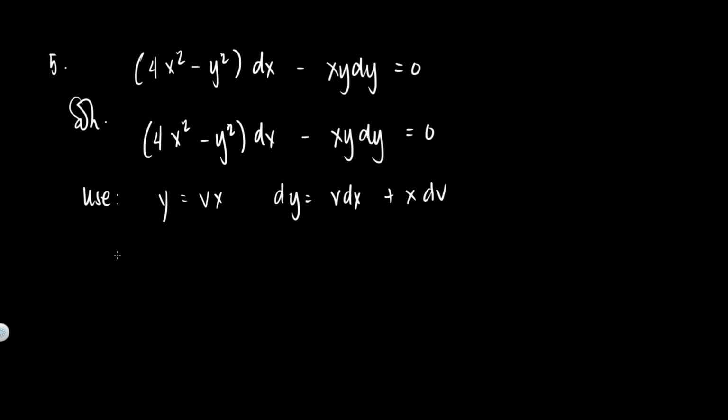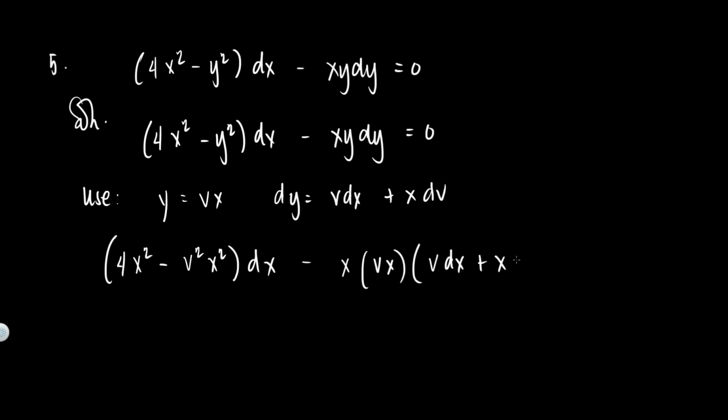Substitute to the original equation, so we have 4 times x squared minus y squared. y is vx, so v squared x squared times the dx minus x times y. y is vx times dy. dy is v dx plus x dv equals 0. Factor out the x squared.